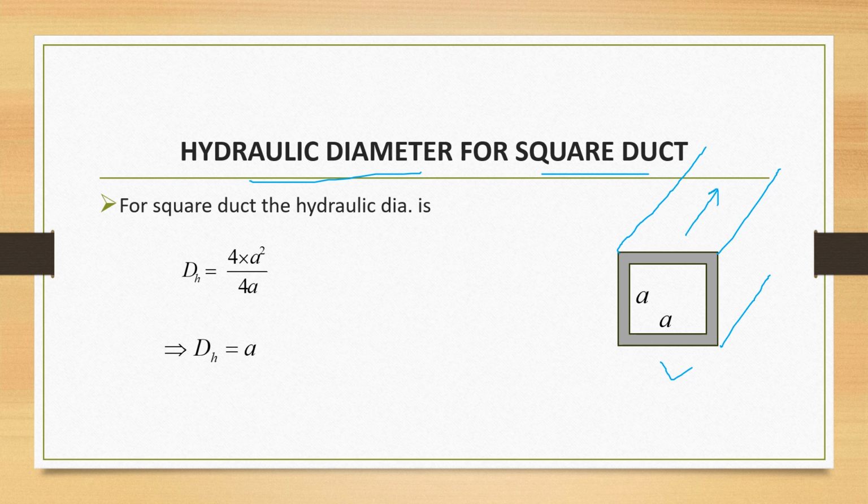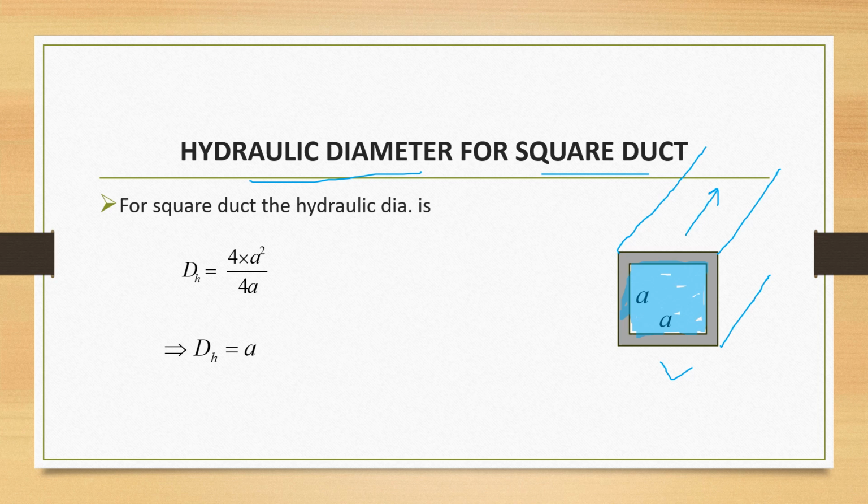Now assume that the duct is fully filled, okay. As you can see, the length of the side of this square duct is A, okay, and this is fully filled.